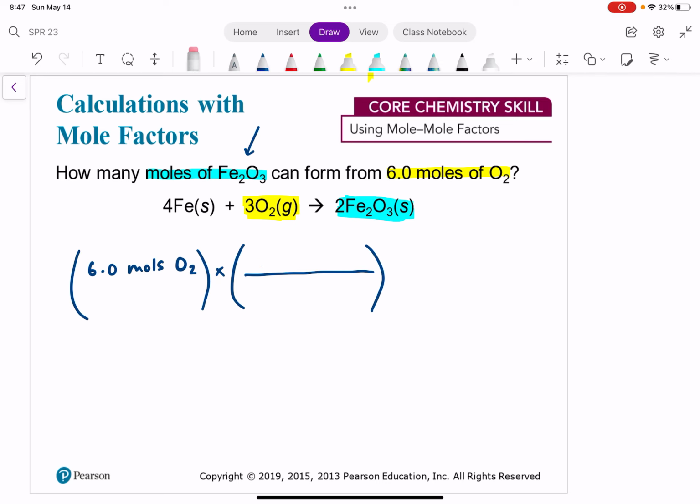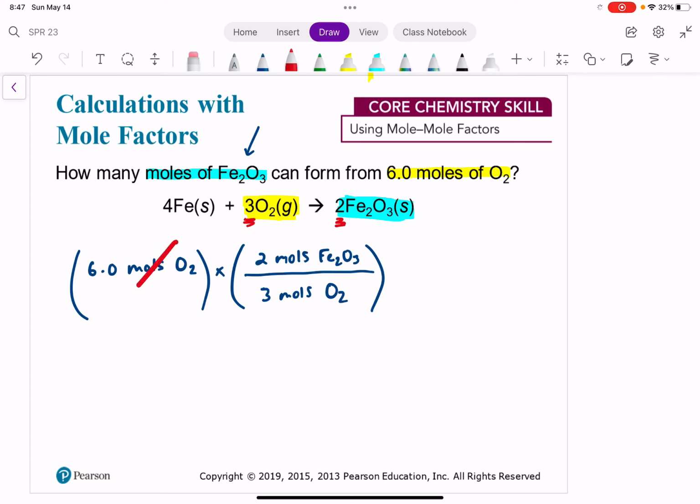No, it's going to be 2 moles, right? We gotta show what that mole to mole ratio is. So 2 moles of Fe2O3 per every 3 moles of O2. Okay, and I got those numbers from my coefficients in my balanced chemical equation.